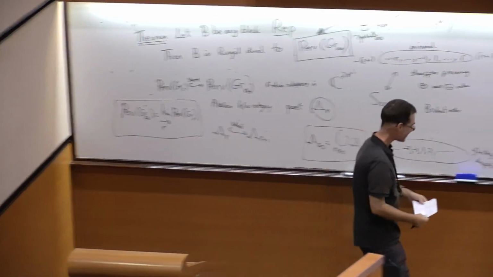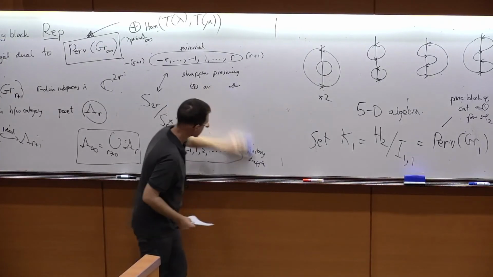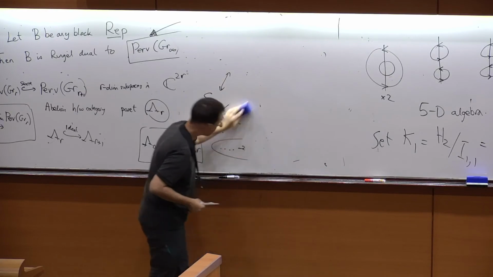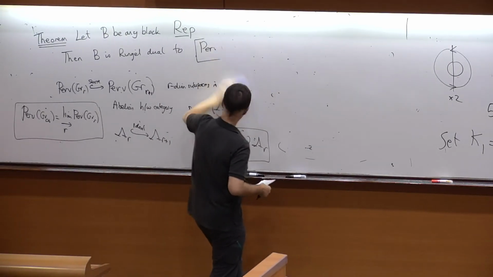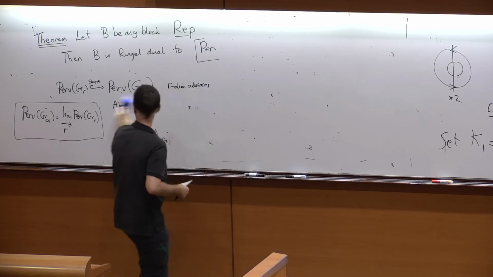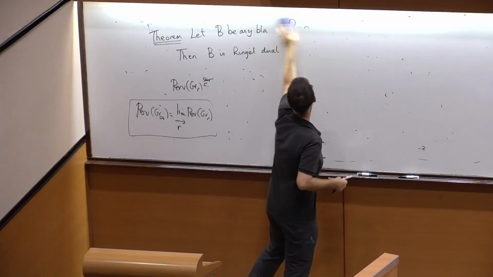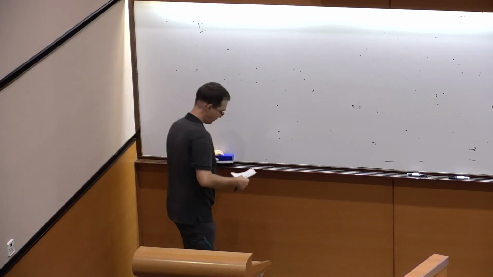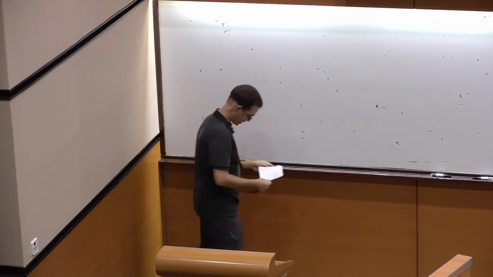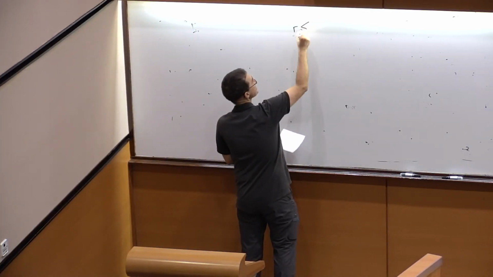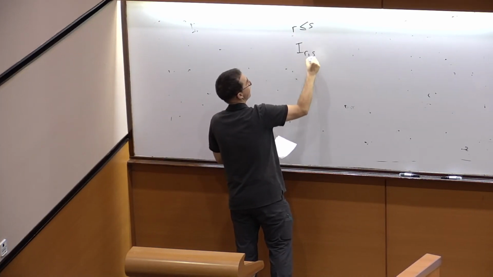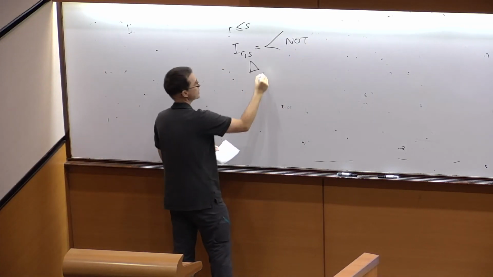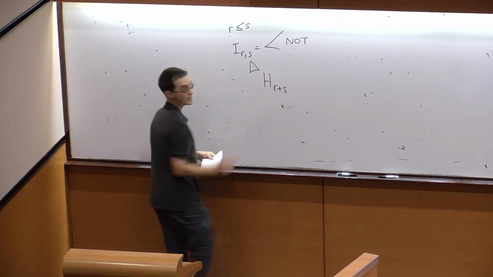Okay. So this is a very little example, but it's enough. So more generally, you take R less than or equal to S, and you look at the ideal in H_{R+S}.